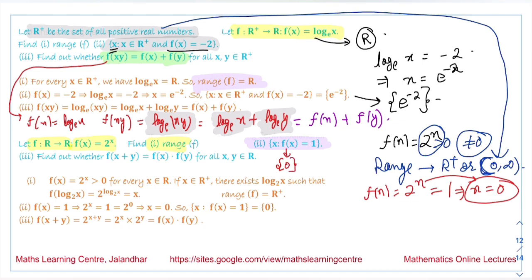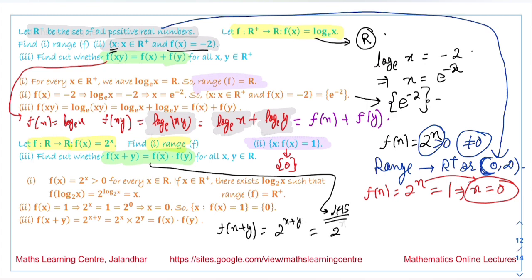Next we have to check whether f of x plus y is equal to f of x into f of y or not. So we are considering the left hand side. We are saying it is f of x plus y. So that is equal to 2 raised to the power x plus y. That is equal to 2 raised to power x into 2 raised to power y.